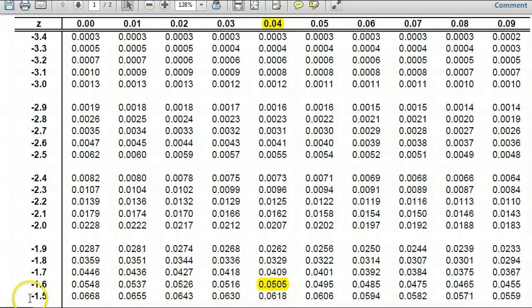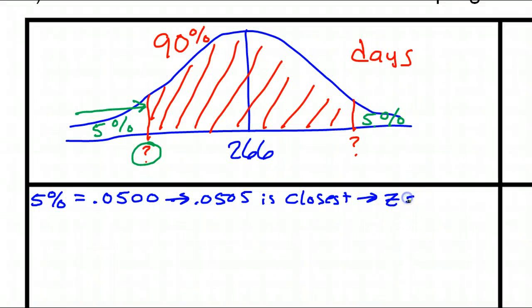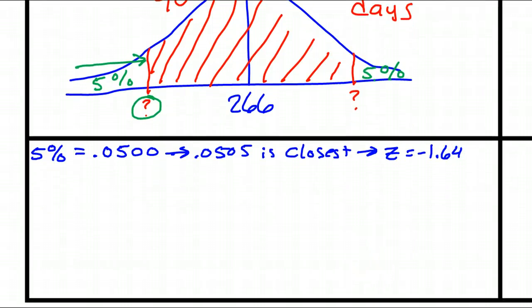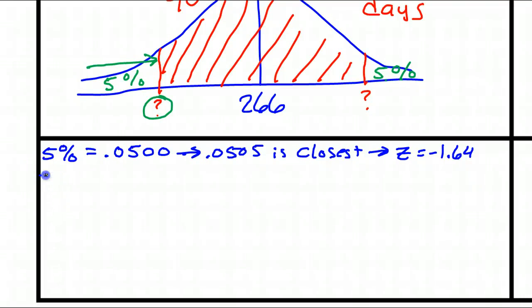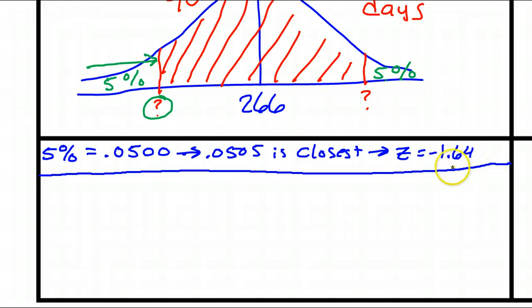Okay, 0.0505, that means negative 1.64 using that decimal. So negative 1.64. Okay, so we can go ahead and use that z-score to find this value right here.